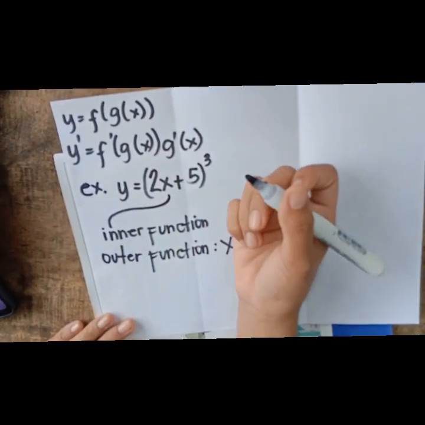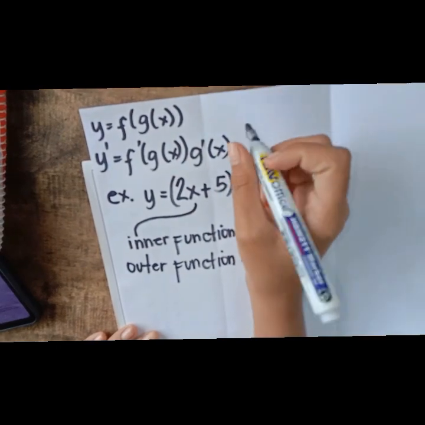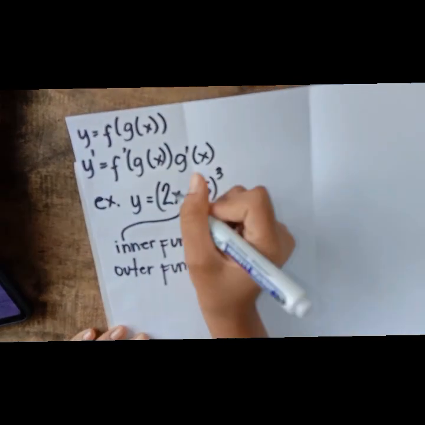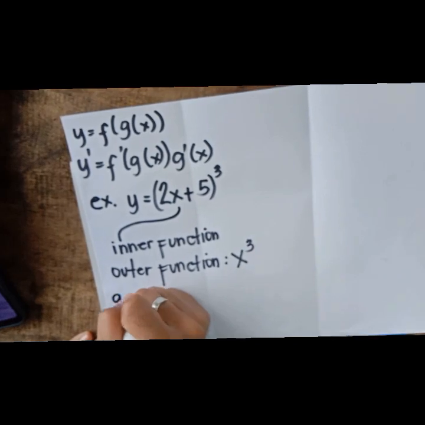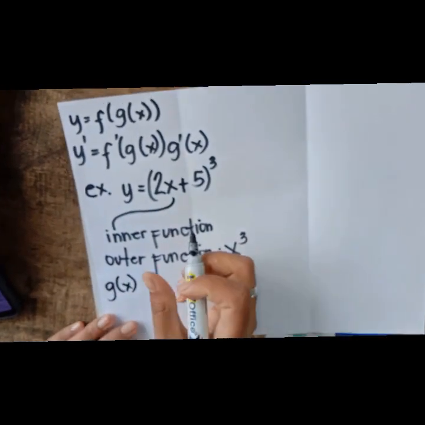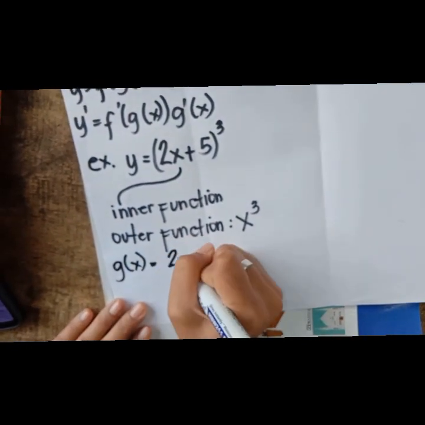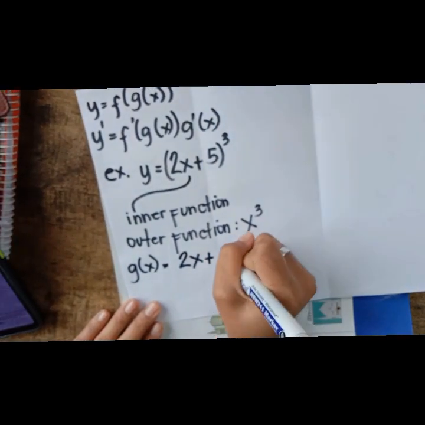Let us first define the derivative of the inner function, or the g of x, which is 2x plus 5.